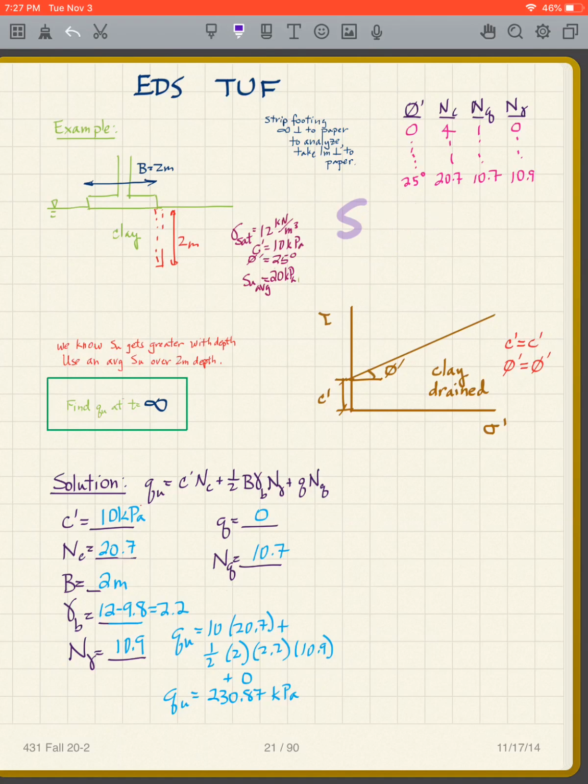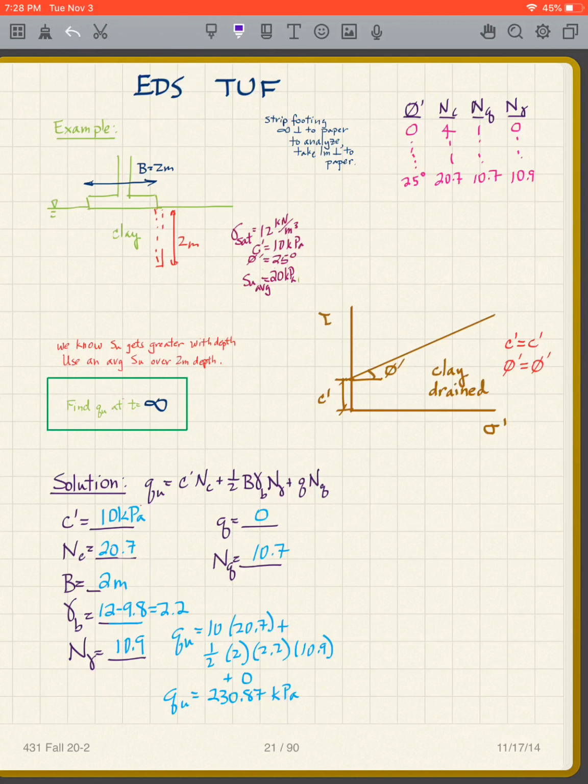So that means what? That means when I do my EDS, where am I now? Well, I'm in EDS because it's effective drain slow. It's slow. It's a long time afterwards. So the excess pore pressures have dissipated. So now I'm going to do effective drain slow.